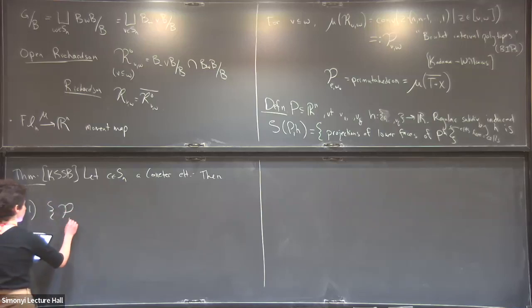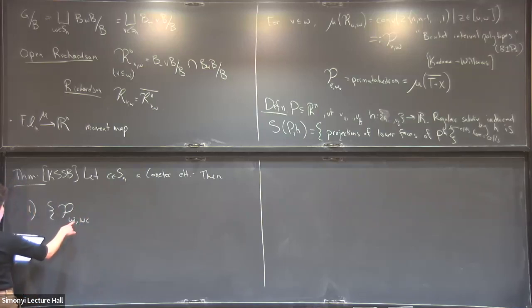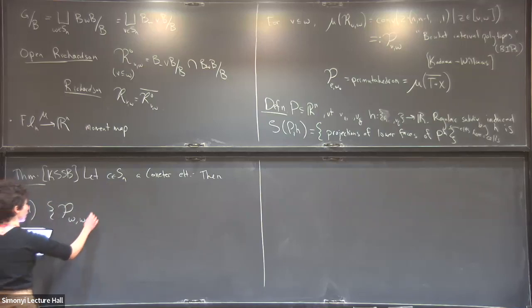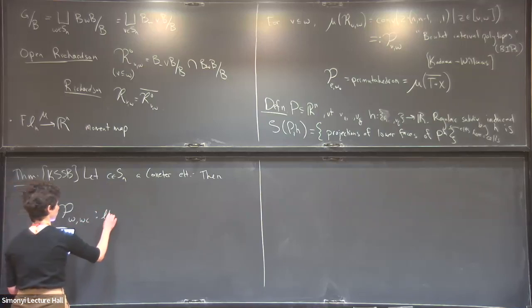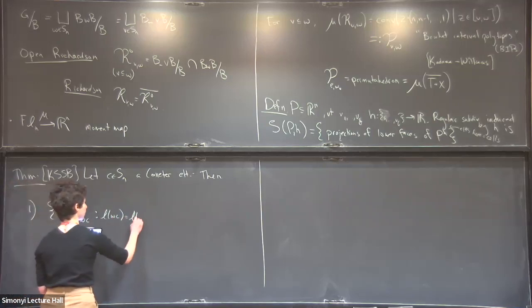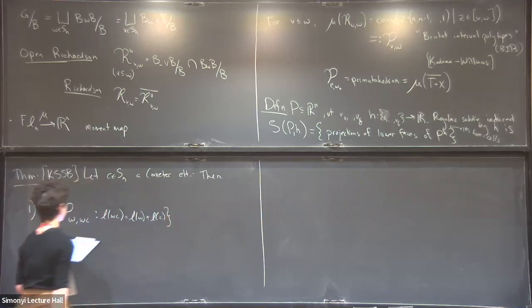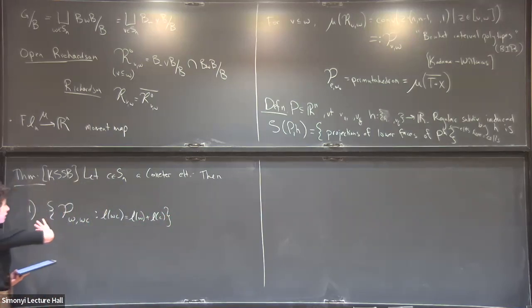Take the Bruhat interval polytopes indexed by intervals [W, WC], where C is what I chose. The condition on W is that the length of the second product should be the length of W plus the length of C. If I take this collection of Bruhat interval polytopes, they're full dimensional and they exactly form the maximal cells of a regular subdivision of the permutahedron.